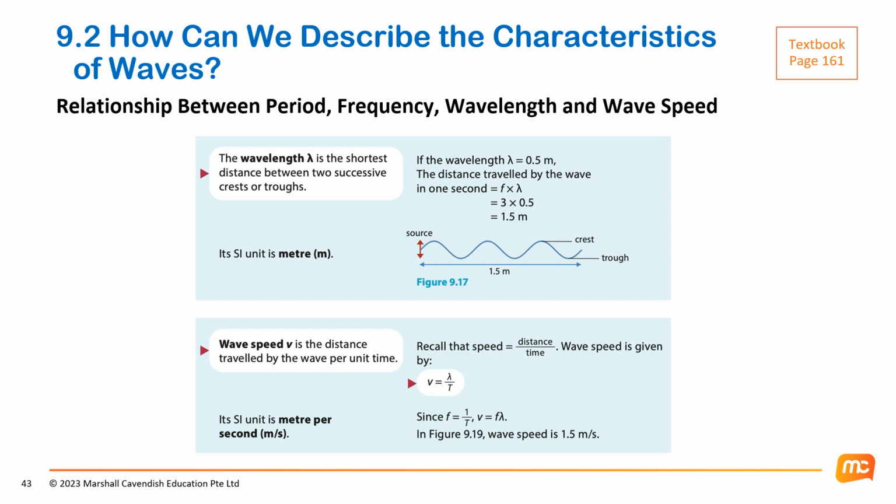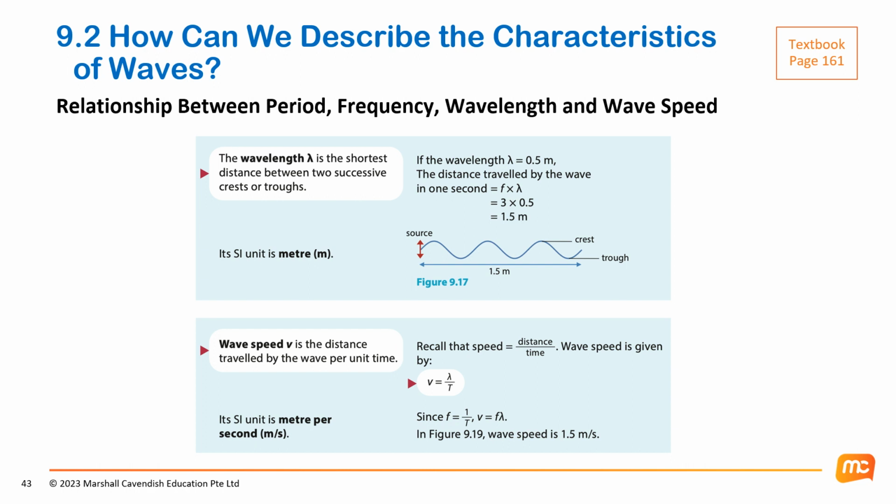Why is it given by the formula lambda over T? Because lambda, the wavelength, is the distance between two points in phase. 1 over T, that is the frequency, right? And that is how many times this happens every second.